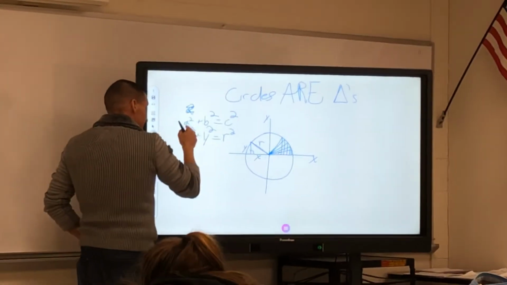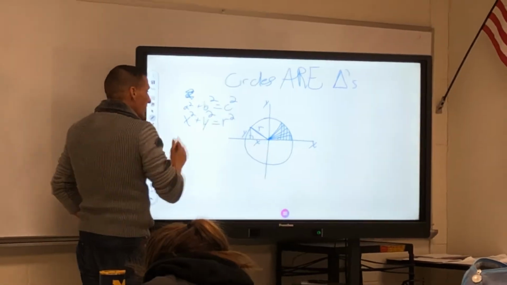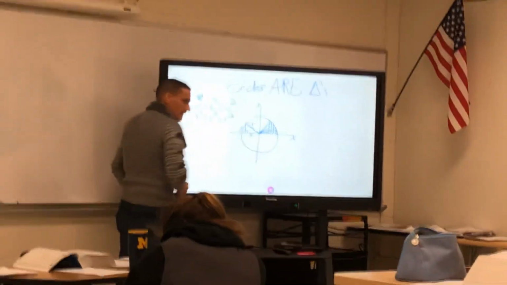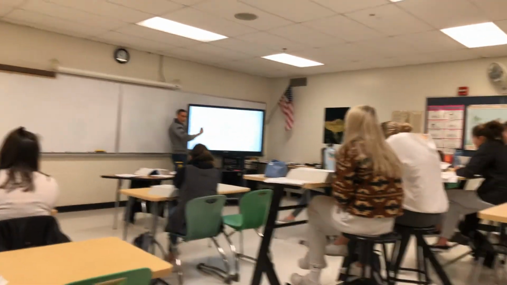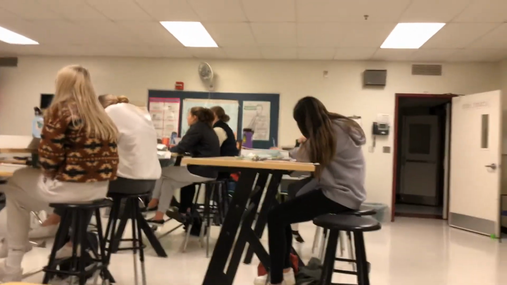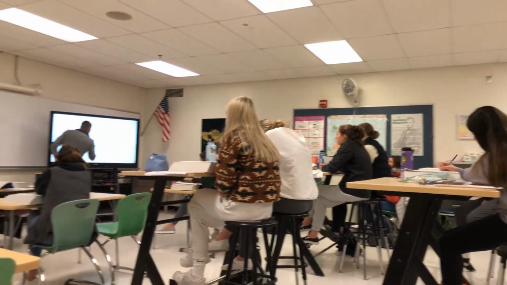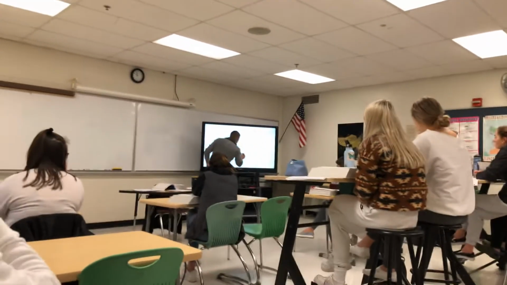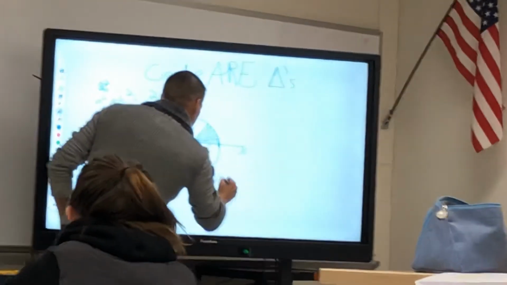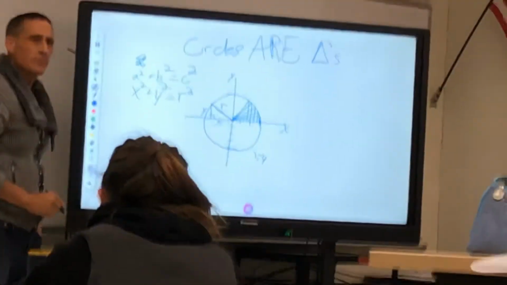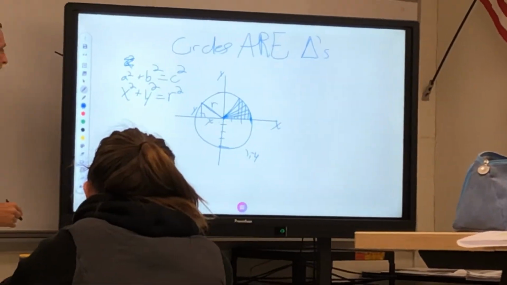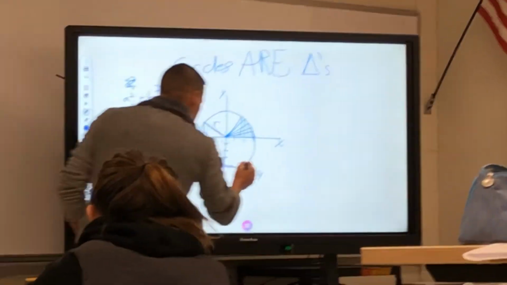So, there's your circle with the center at the origin. Let's move the center. Let's go 1, 2, 3, 1, 2, 3, 4. Let's move over here to the center at 3, -4. Let's give it a radius of 3.